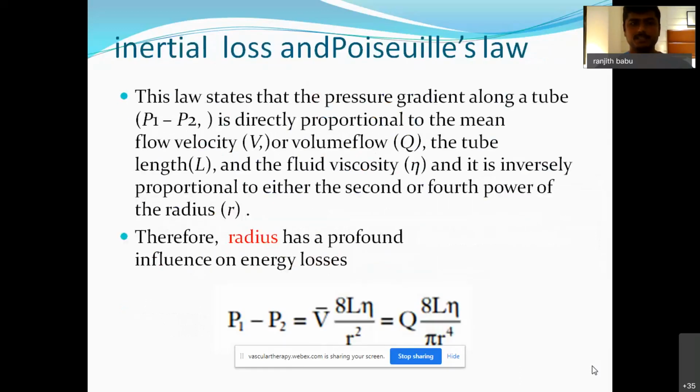The next thing is the inertial loss and Poiseuille's law. Poiseuille's law states that the pressure gradient along any tube is directly proportional to the mean flow velocity, the volume flow, the tube length and the viscosity of the blood, and it is inversely proportional to the radius to the power of 4. So according to Poiseuille's law, radius has a profound influence on the energy losses.